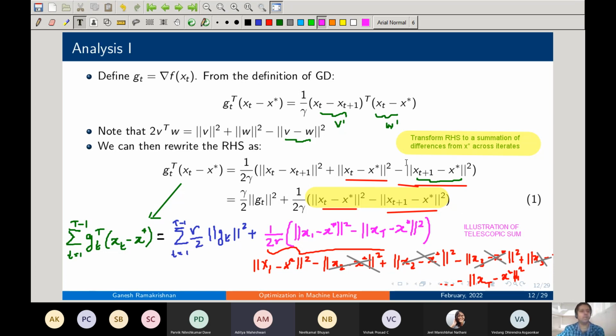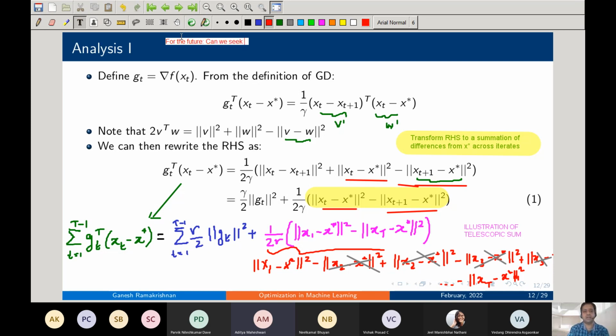Now how do we take this forward from here? One thing to notice, we are looking at the difference between points x star. In some cases, we might be able to write the difference between f of x star. That's a bit more of a thought process for the future.